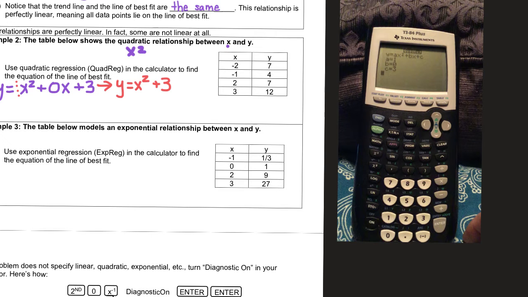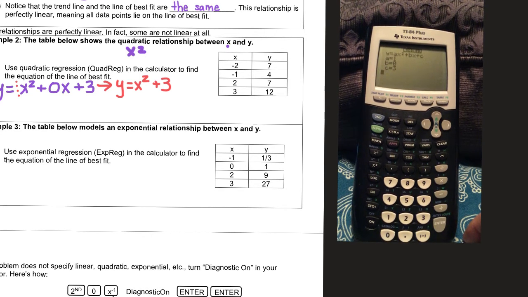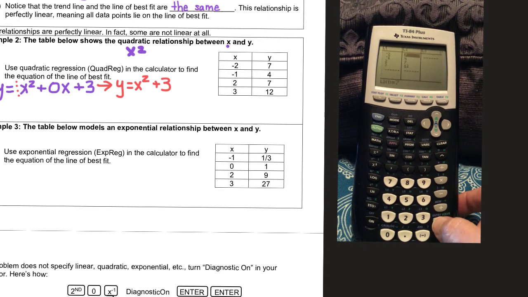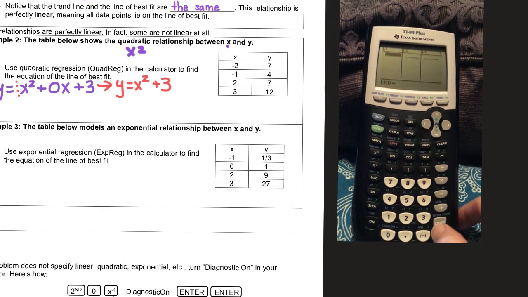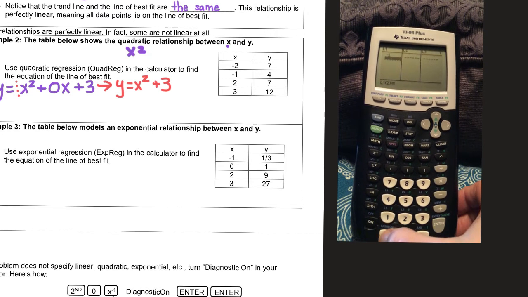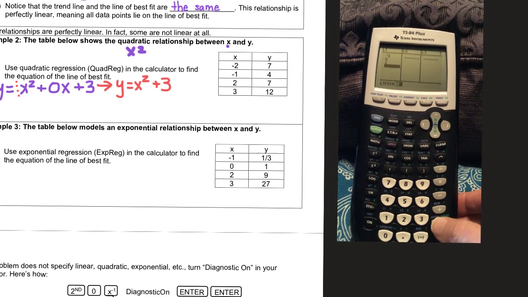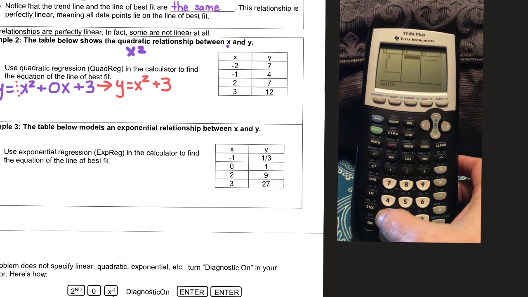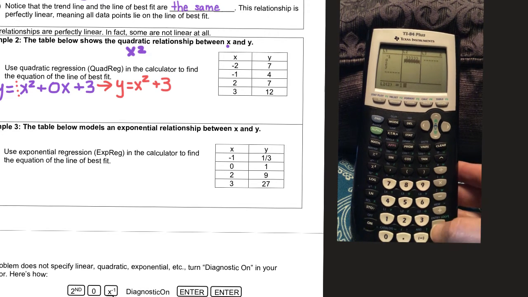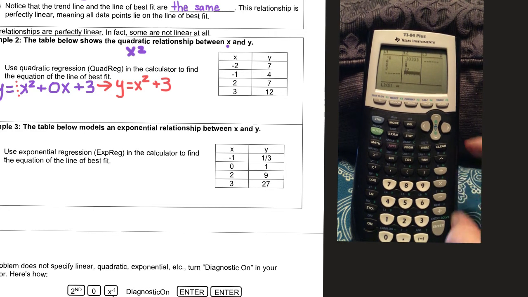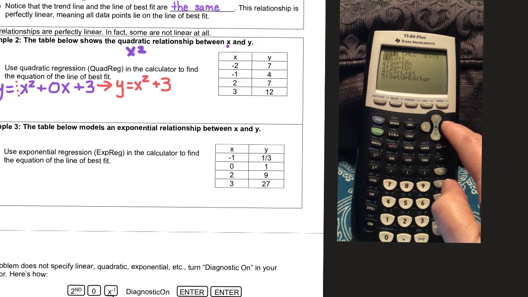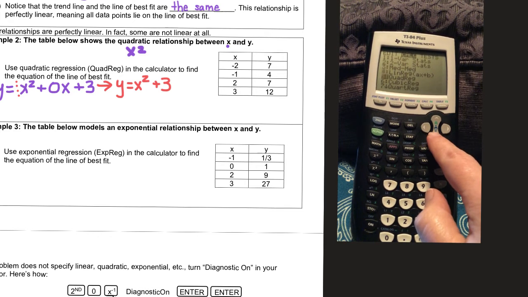Now let's look at the exponential model. To do this, you'll go back to stat and clear out your L1 and L2. Put your x's into the L1 and your y's into the L2. Now you can either do 1 divided by 3 or alpha y equals 1/3 for that top one. Now go to stat, go over to calc, and you're going to go down.